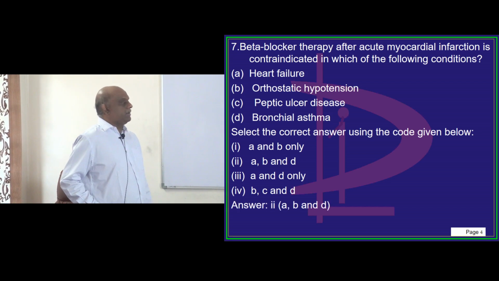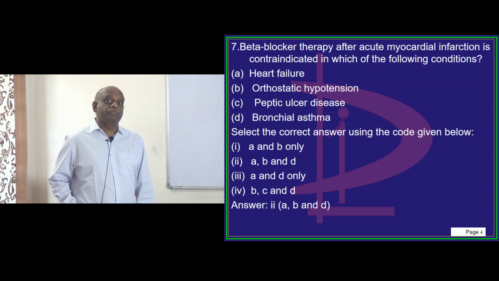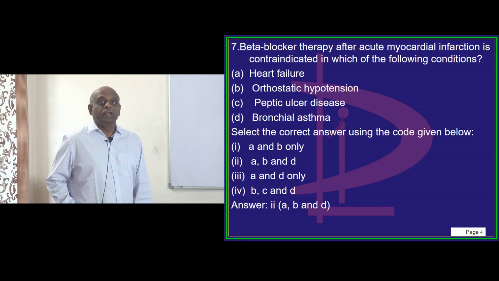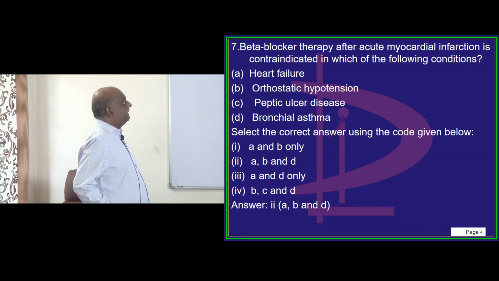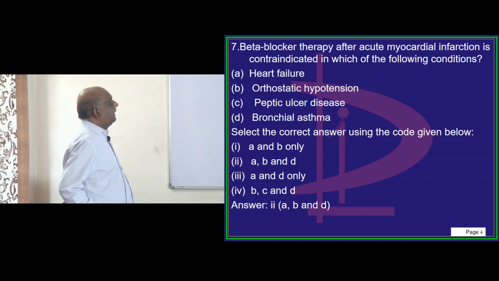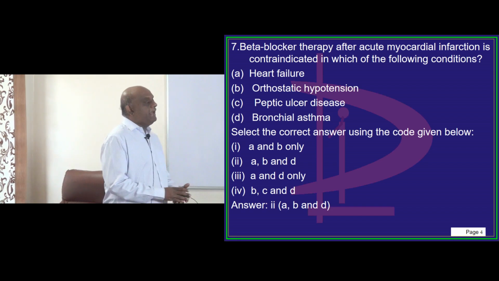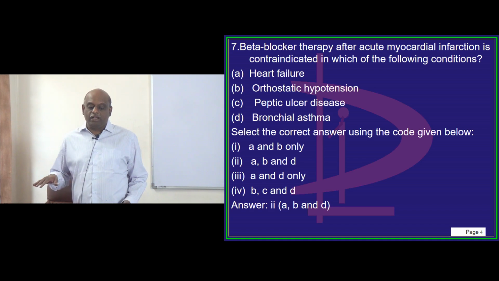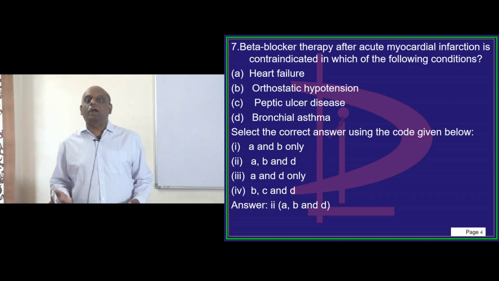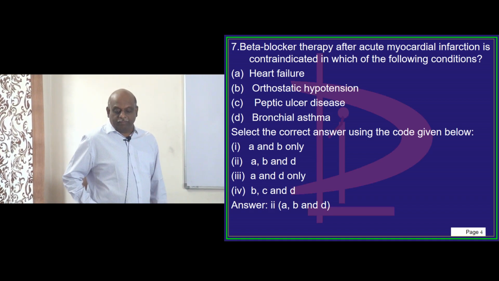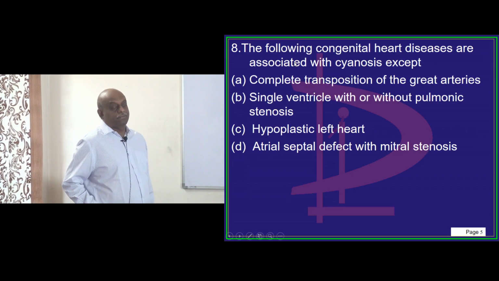Any heart failure which is grade 3 or grade 4 under the NYHA classification, or orthostatic hypotension, bronchial asthma. The list of contraindications for the beta blocker therapy you have to be very sure about.